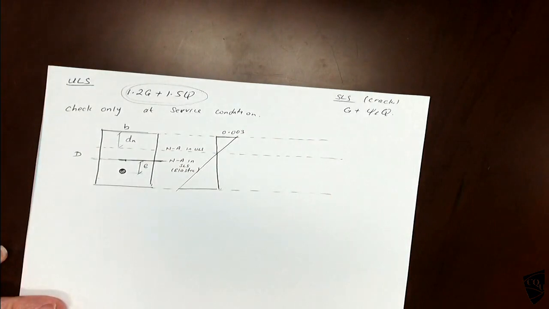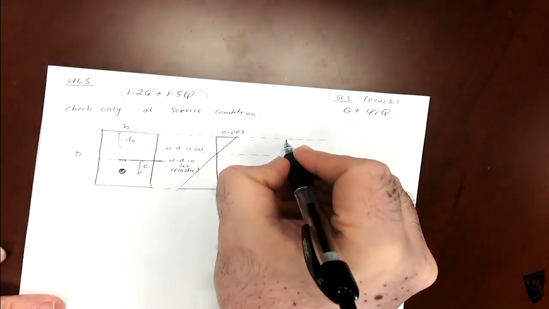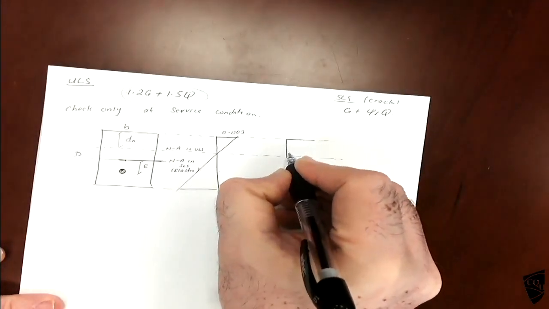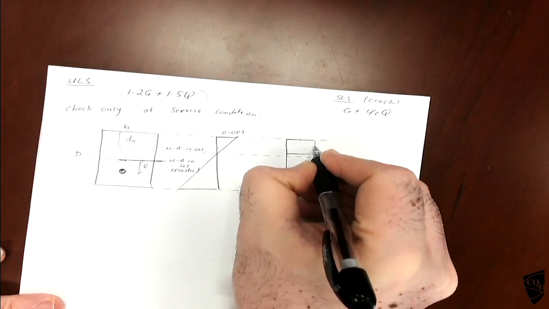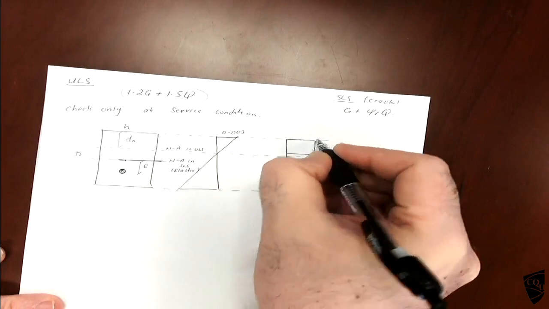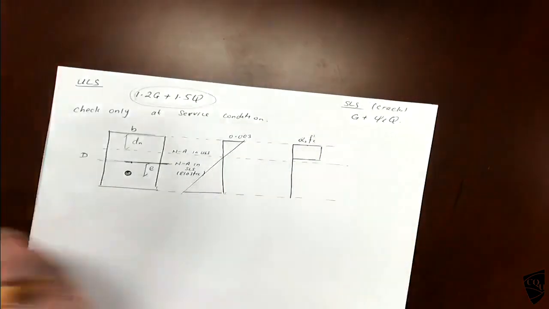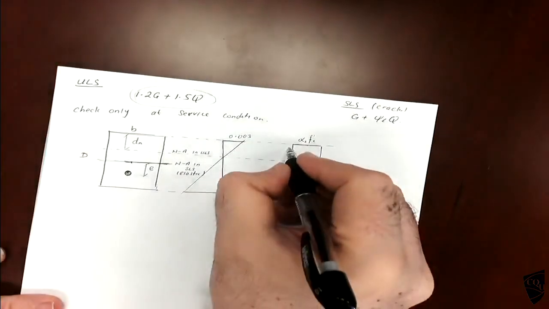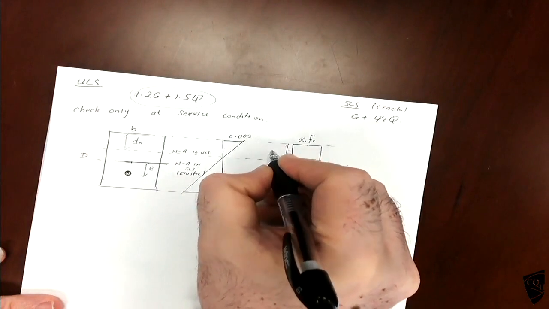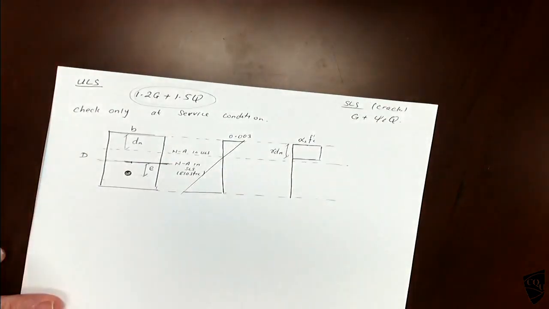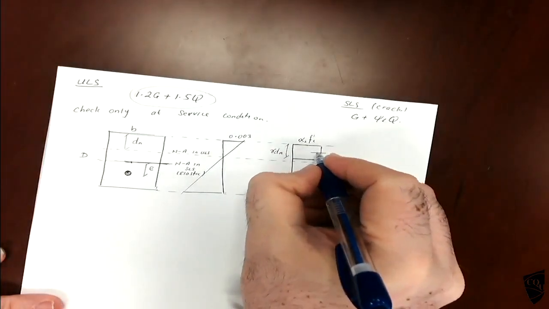So the stress block, this is gamma dn. So there will be a compressive force.